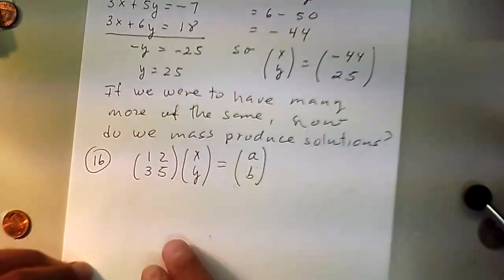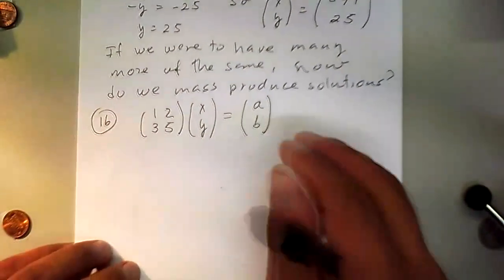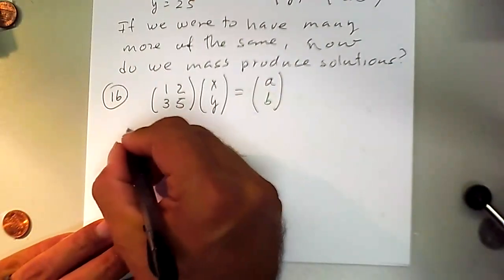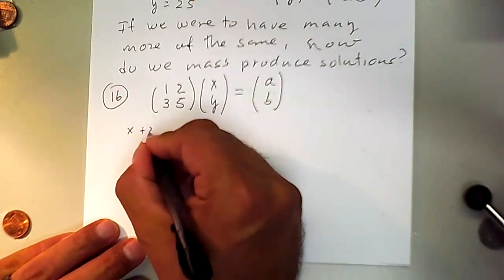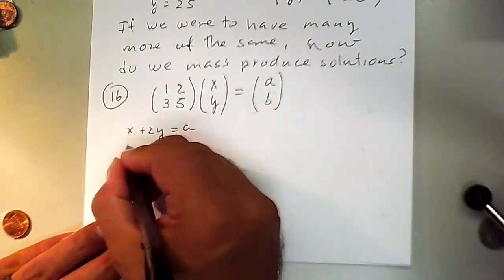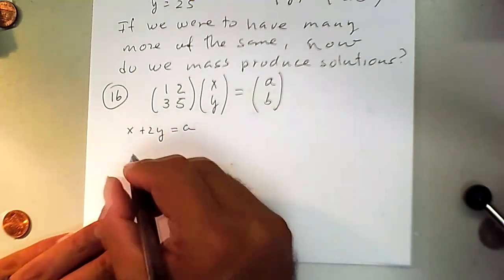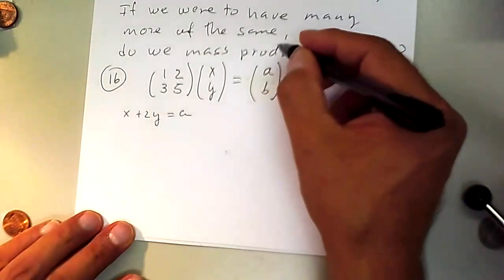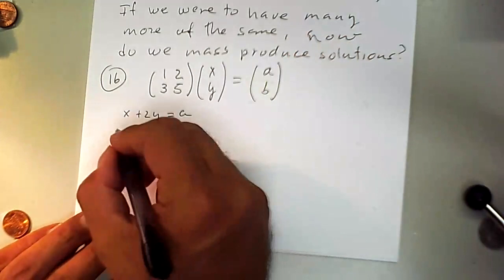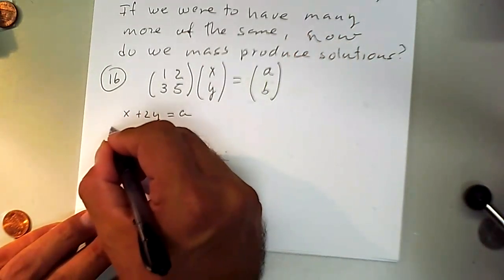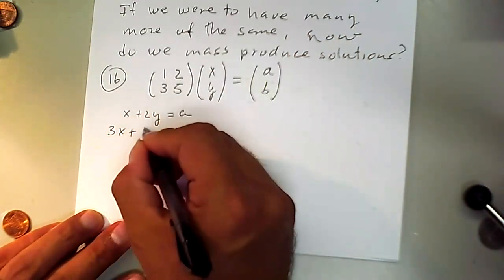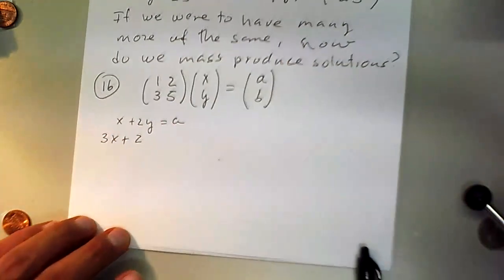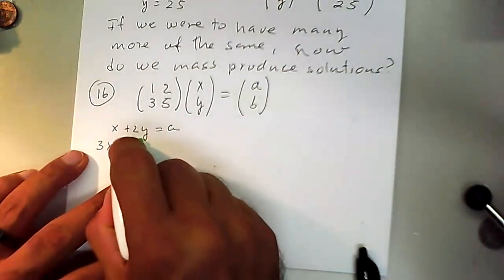Maybe there is something to that. Well, let's just go through the motions. So x plus 2y would be equal to a. We're going to solve this system once and for all for every single one of those two numbers. 3x plus 5y equals b.